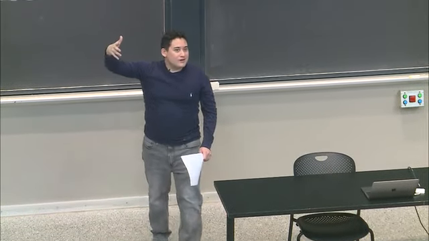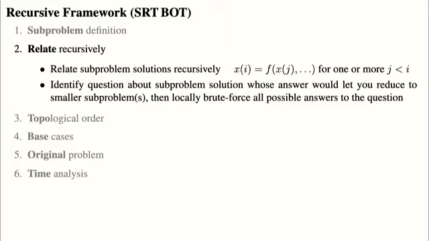Now, actually embedded in this, the idea of a smaller subproblem isn't really well defined yet, right? We haven't told you an ordering of these subproblems to be smaller, but that's what's going to come in the third step. So a strategy for figuring out what these recursive relations might be is to identify some question about the subproblem solution, right?